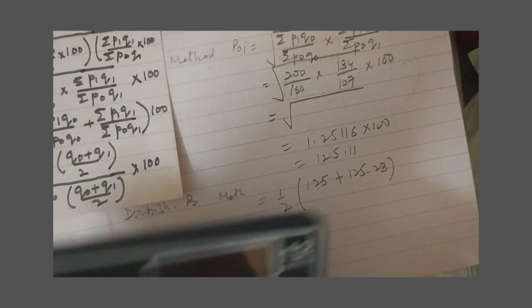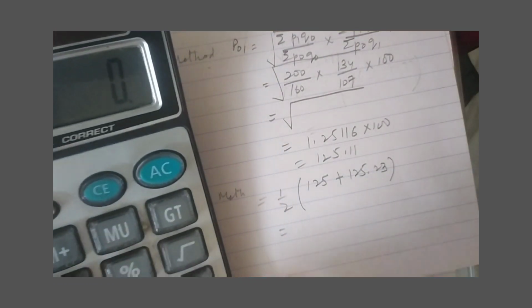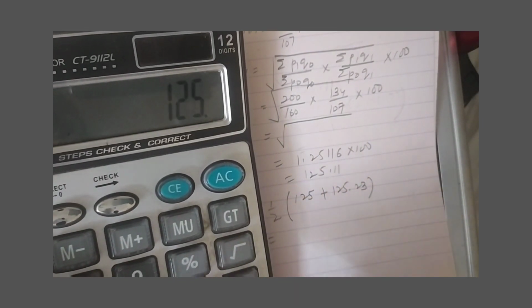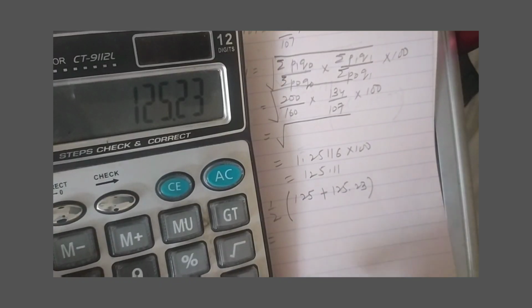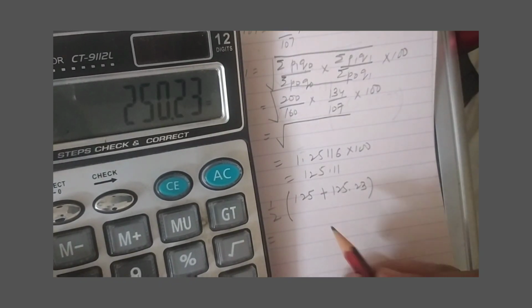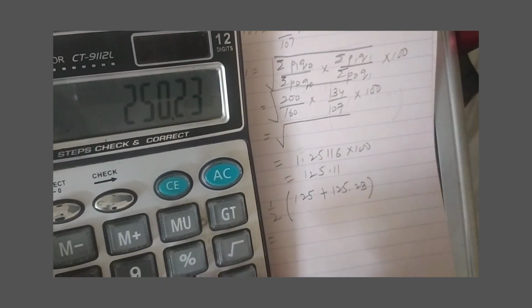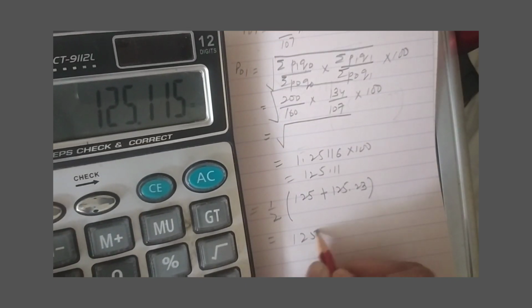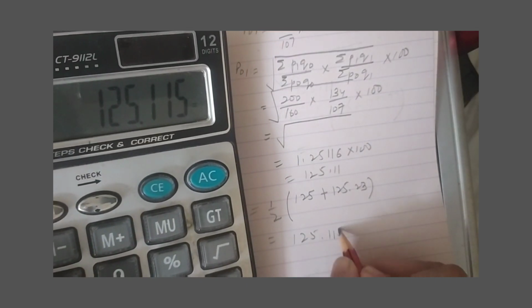Again, you can use a calculator: 125 plus 125.23 and divided by 2. So this value is 125.115.